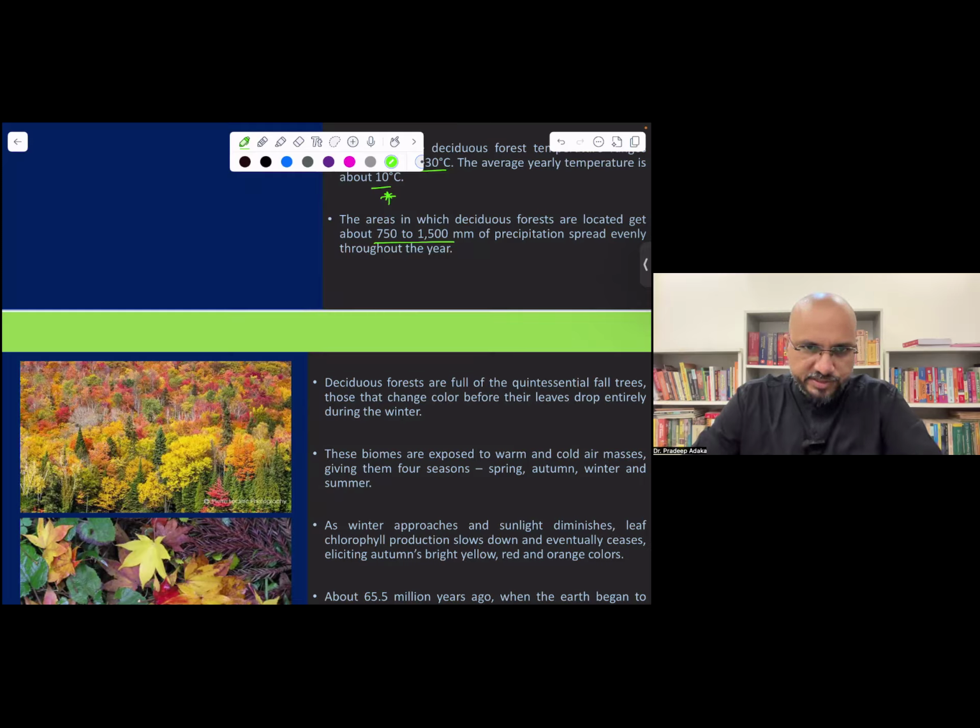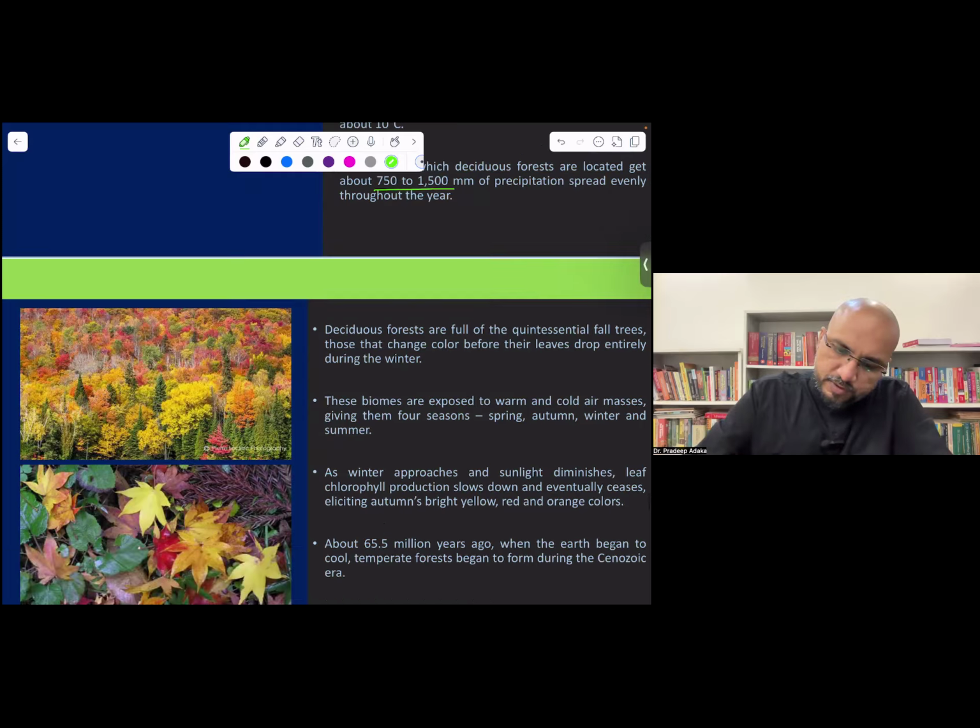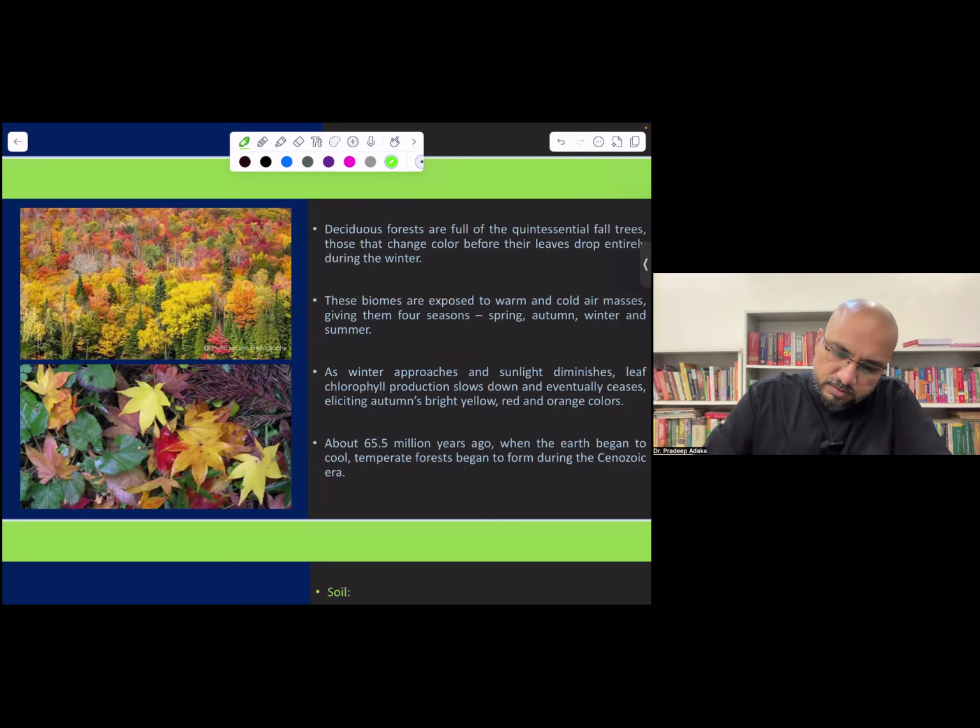It is not that much. The average precipitation is less, scanty rainfall is there. They are full of quintessential fall trees, mainly the trees that shed their leaves during the autumn or fall.